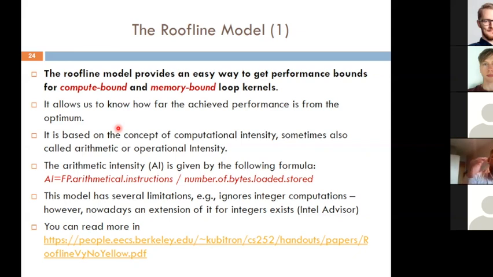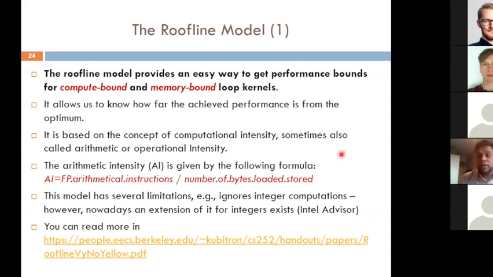From there, we can decide whether we need to optimize for memory bound or, if it is compute bound, what kind of optimization technique we can apply to get the code performance better. It is based on the computational intensity, sometimes also called arithmetic or operational intensity.